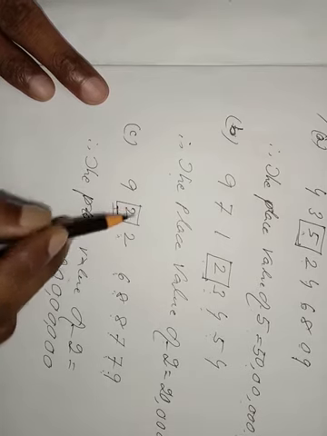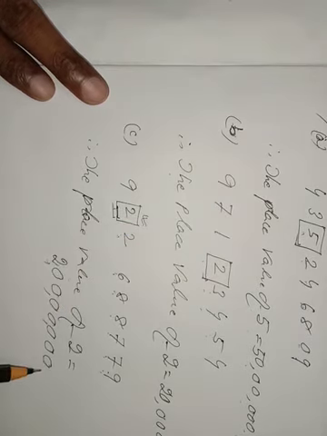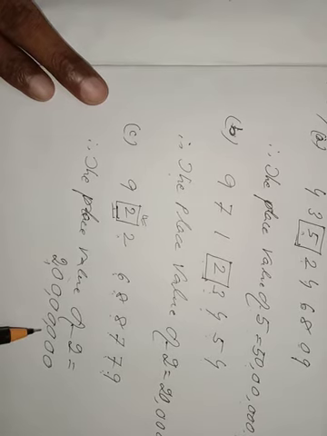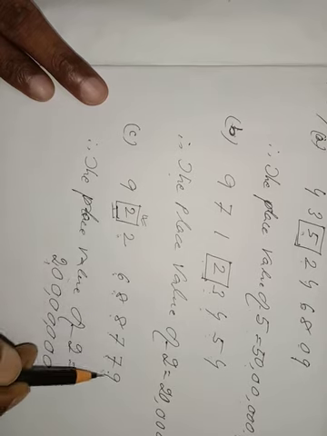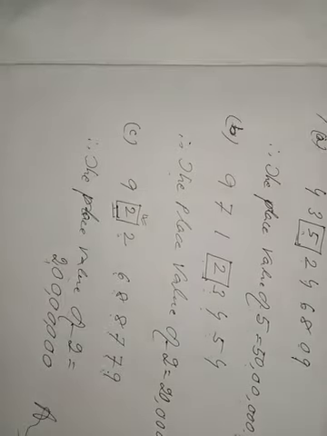The place value of 2 is 2 crore. After 2, I have to write 7 zeros. This is the answer.